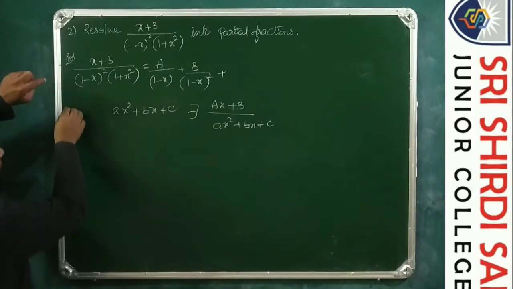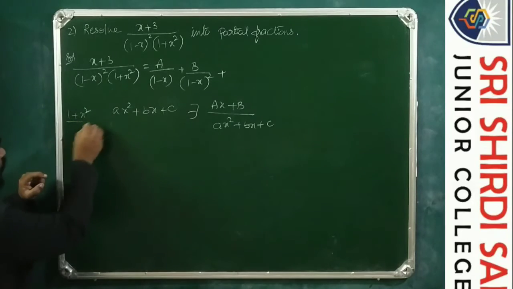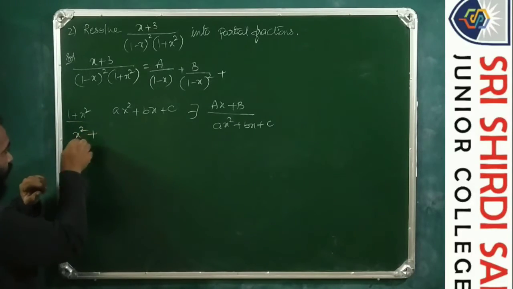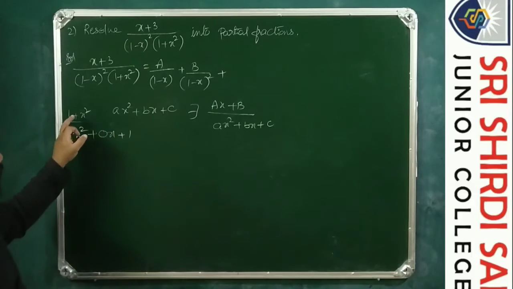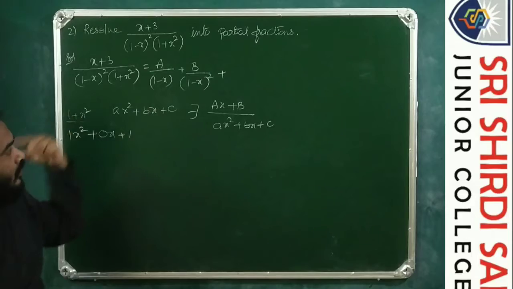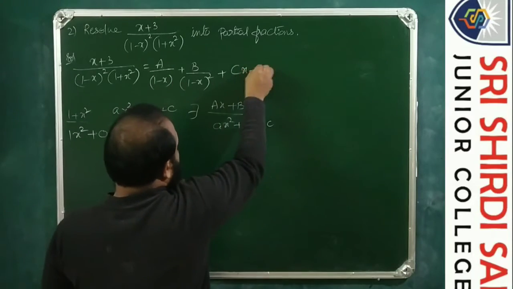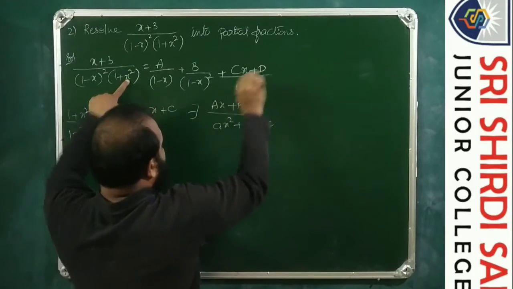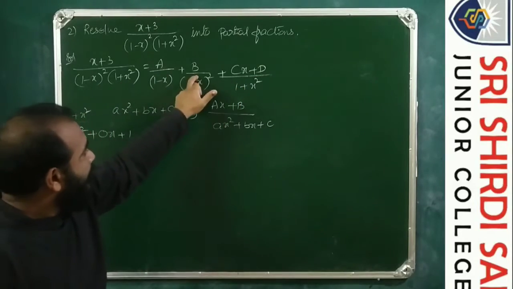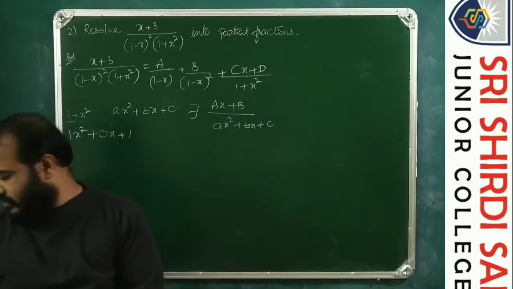Here 1 plus x square is of this form, because this 1 plus x square can be written as 1x square plus 0x plus 1. So this can be compared with this. Since a, b are already used, so cx plus d by 1 plus x square. Here a, b, c and d are to be evaluated.